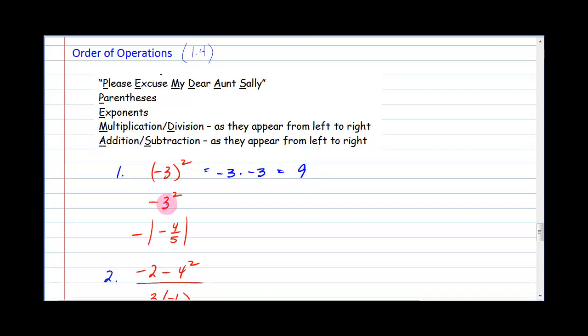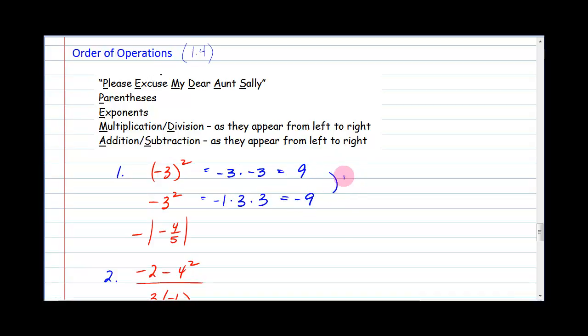However, this right here, because there are no parentheses around the -3, all I'm raising is this +3 to the second power. What this really says is I have a -1, that's this part, times 3 times 3. That's actually, 3 times 3 is 9, times -1, -9.